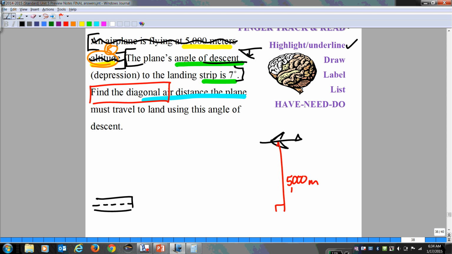Where is that angle of descent? Believe it or not, that angle of descent, again, is horizontal going down. So you have to draw on the horizontal, and the angle of descent is horizontal going downward. That 7 degrees goes right there. It has to start at the horizontal and go down.